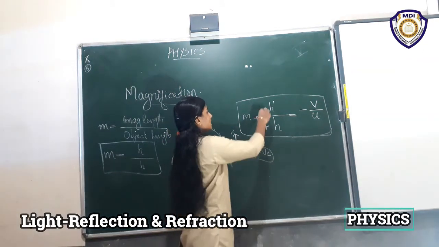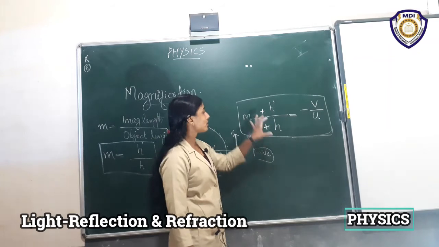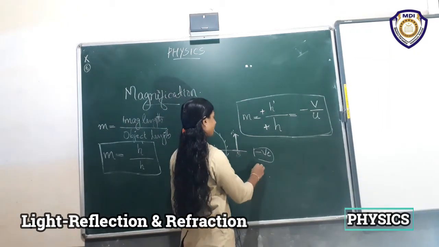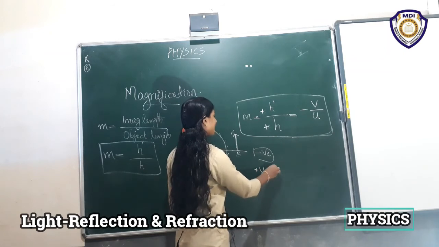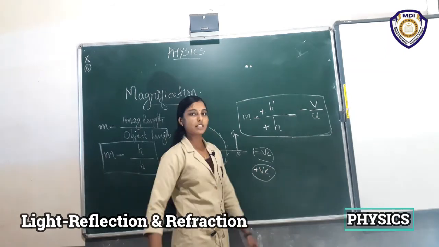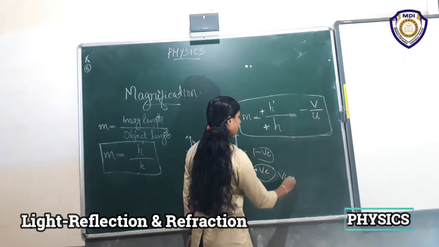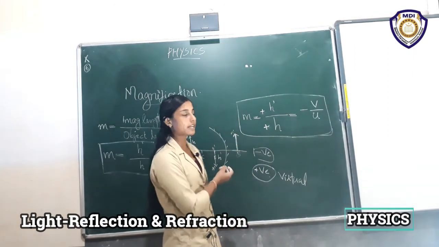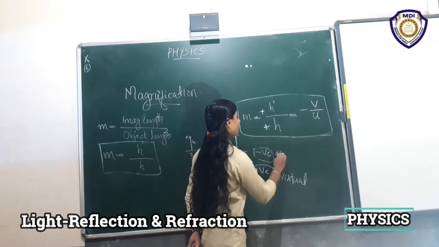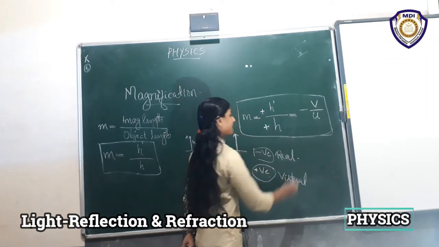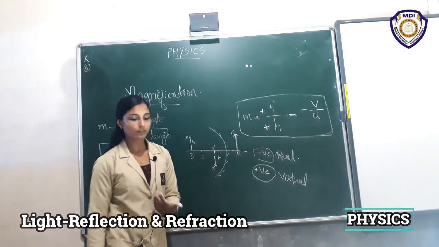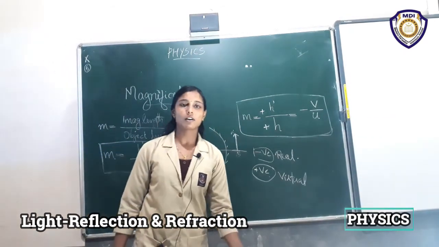So h dash will be positive and the value of m will be positive. So a positive value of m indicates the image formed is virtual, and a negative value of m indicates the image formed is real. Okay, understand?